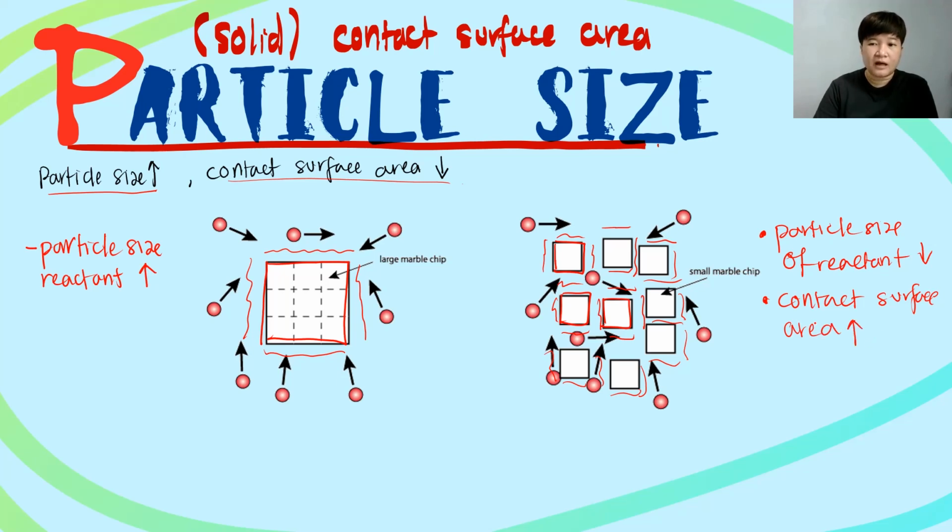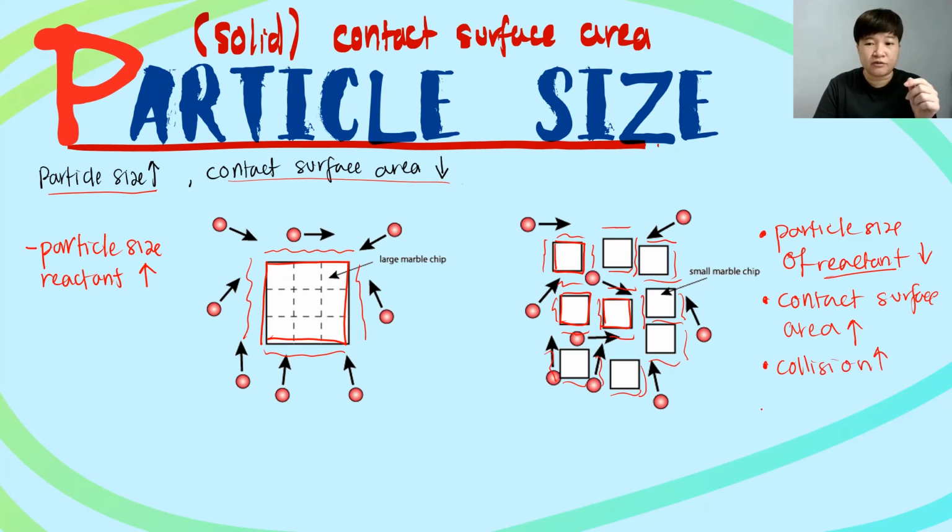And when the contact surface area increases, back to the collision, because this is all your reactant. You want to change your reactant to product, you need to have collision and also effective collision. So when the contact surface area is larger, obviously the collision will increase.